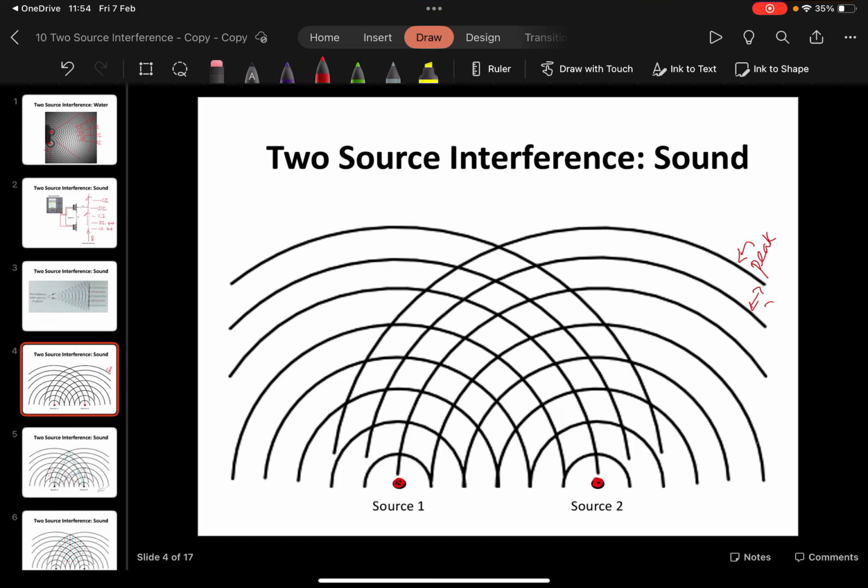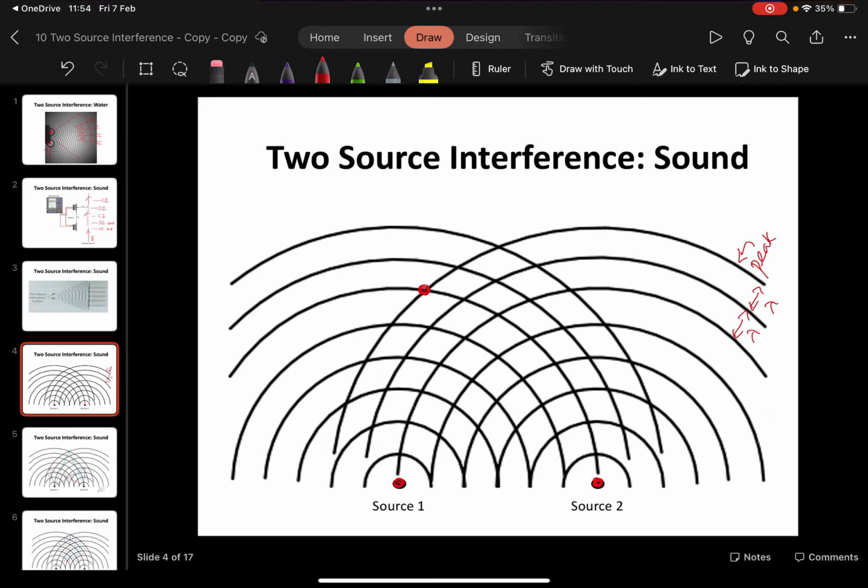Therefore the spacing between them must correspond to the wavelength of those waves. And you've got that region in the middle where the waves from one source and the waves from the other source are overlapping, they're meeting, and we're going to apply the principle of superposition and look at the interference that we get.